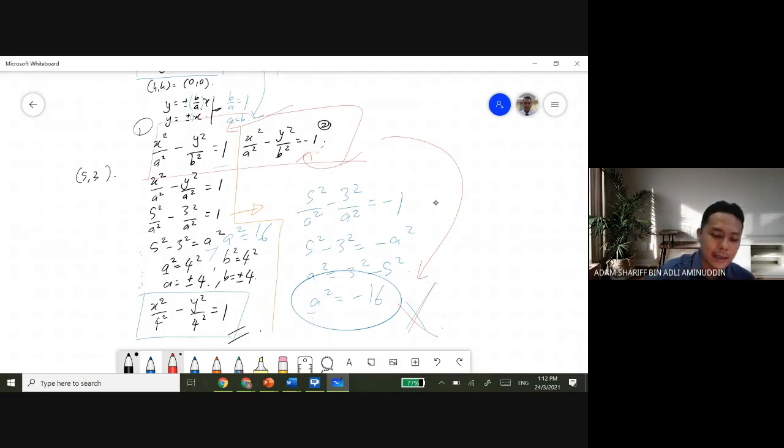Time sini yang saya baru colorkan merah ni, waktu saya di peringkat ini memang saya tak pasti sama ada dia sahnya memang positif 1 atau negatif 1. So lepas kita melakukan pengiraan, baru saya tahu dia mesti positif 1. It cannot be negative 1 because what I found out is that A squared equals to -16 is not possible, here at the bottom part on the right hand side.